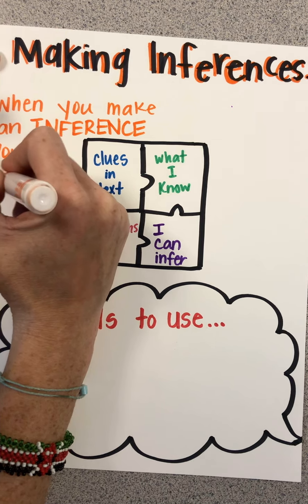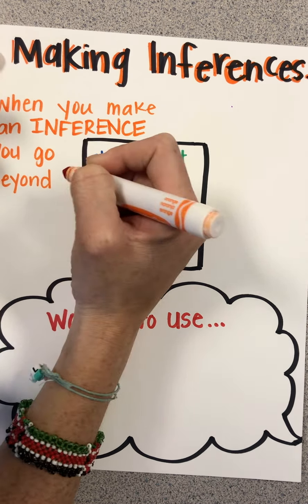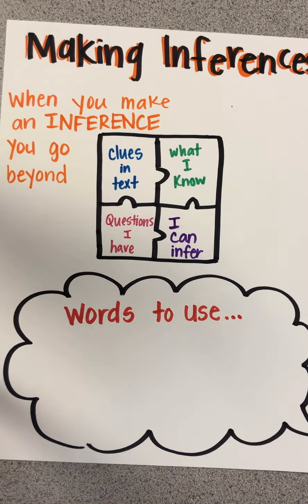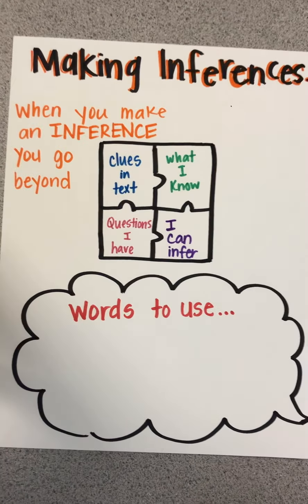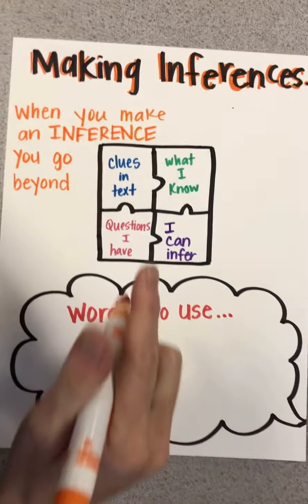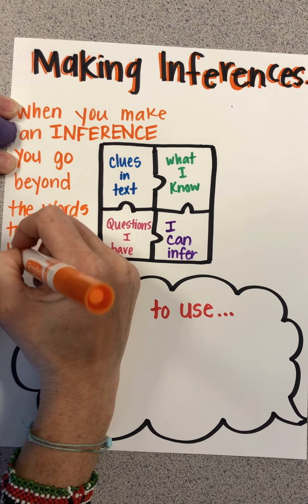So you're not just looking at exactly what the text says or what the words say, but you're going beyond that. You're looking a little bit further than just the words that are on the page. Beyond the words, to understand what's happening.